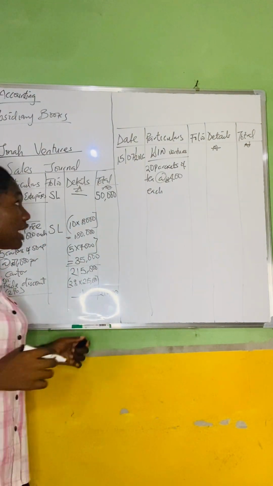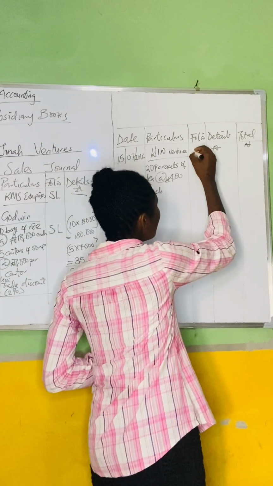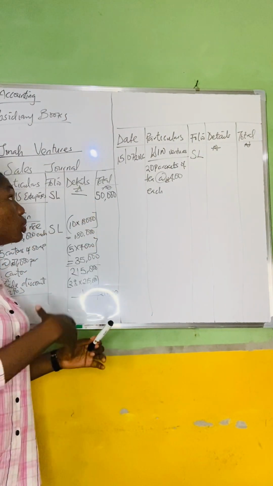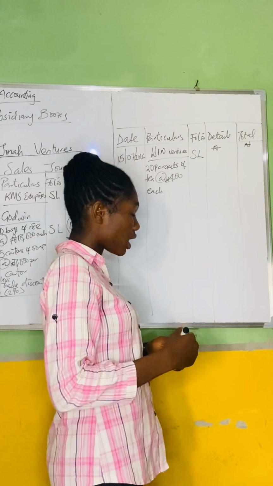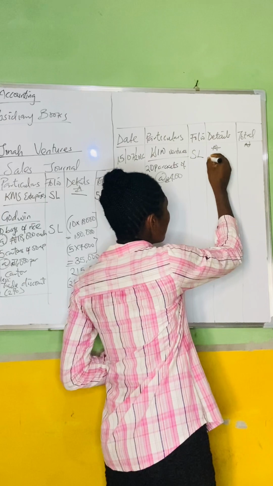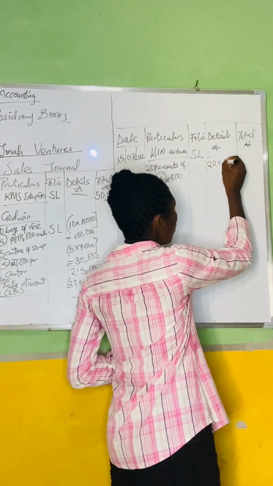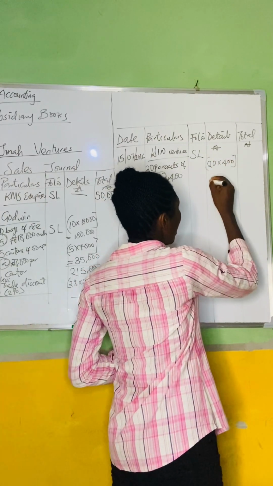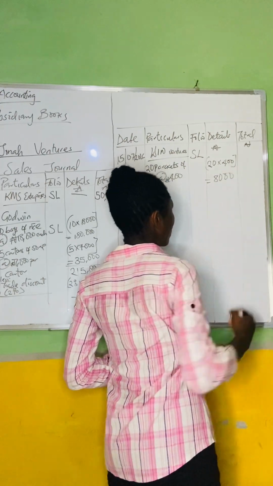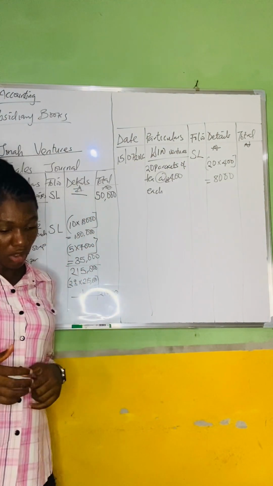For our folio, it still remains our sales ledger, because after we are through with this, we are going to be transferring to our ledger account. Our details will be 20 times 400, and that will give us 8,000 naira.